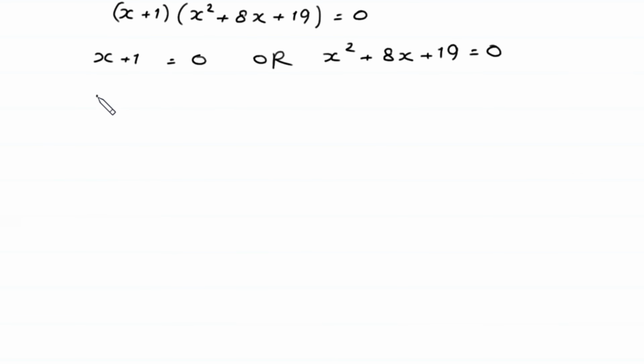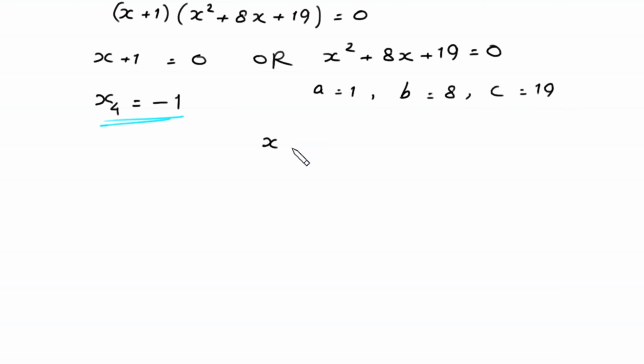From here x is equal to negative 1. This is the fourth value of x, and from this quadratic equation a is equal to 1, b is equal to 8 and c is equal to 19.